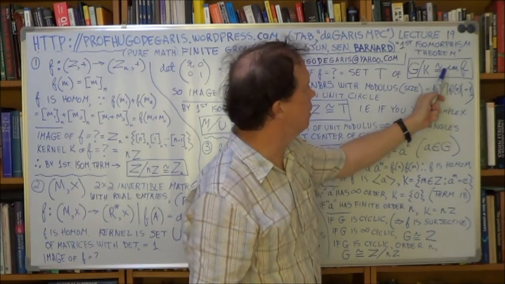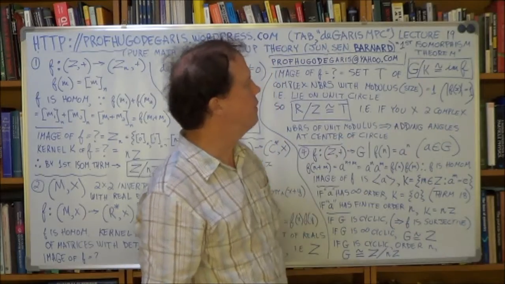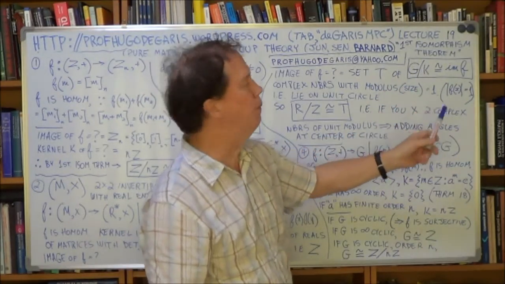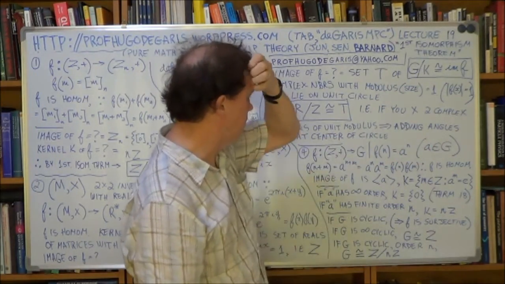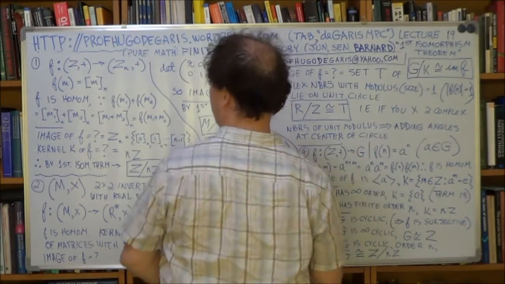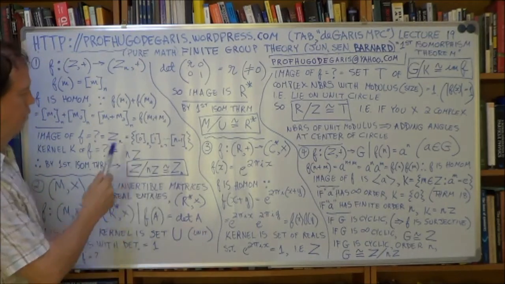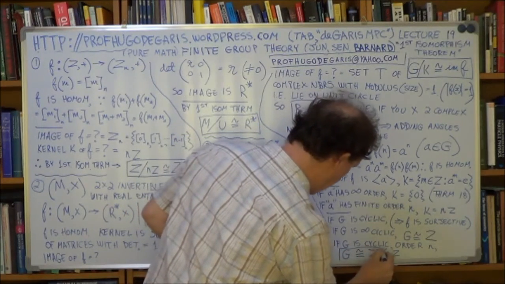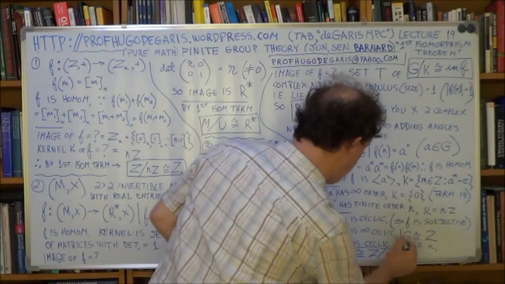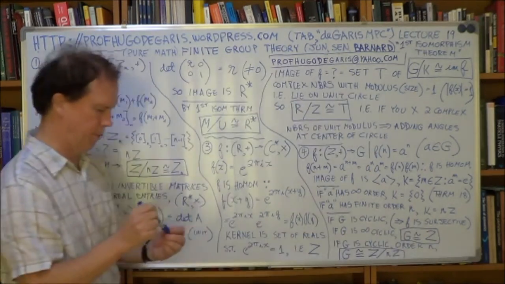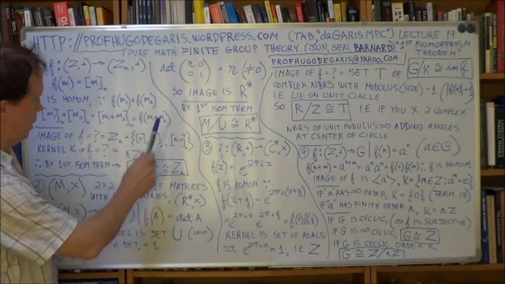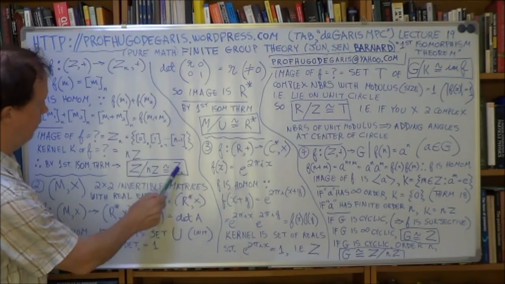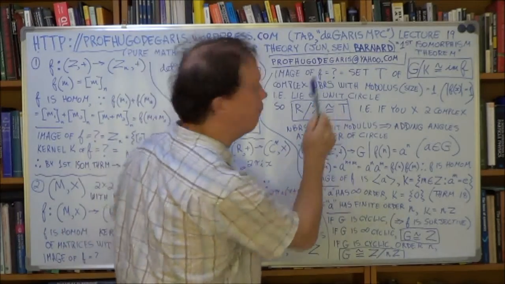Once you know what the image of f is, and what the kernel is, and you know what G is, which is given when you start the problem, you can write down something of this form: your big G, your kernel, and your image of f.